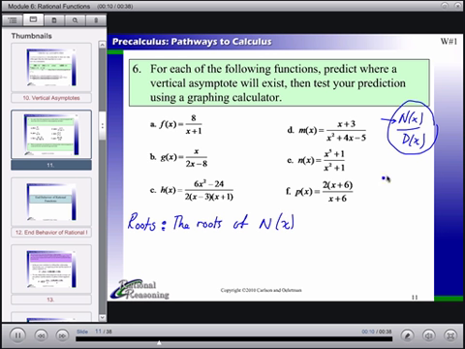Common mistake: students find both the roots of n and d and say those are all roots of the rational function. Not true. The roots are specifically values of x that make it 0. So we need that numerator to be 0.